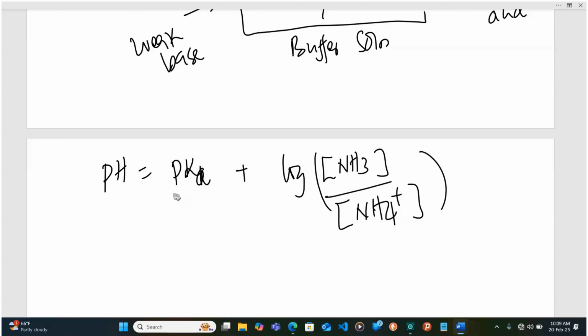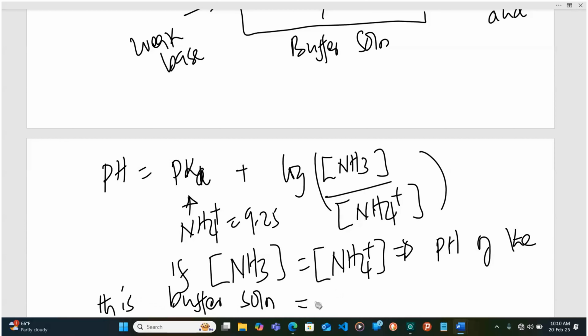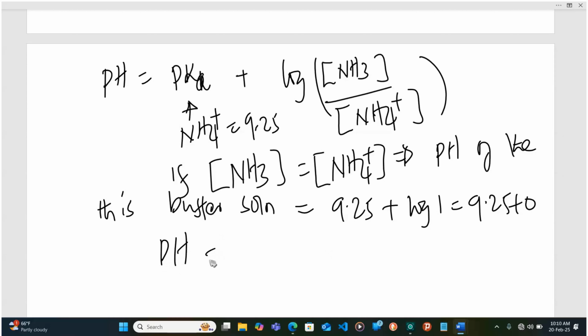So if the pKa of ammonium ions is equal to 9.25 and the concentration of ammonia solution is equal to the concentration of ammonium ions, then the pH of this solution will be 9.25 plus the logarithm to base 10 of 1. So this gives you 9.25 plus 0. So the pH still remains constant at 9.25.